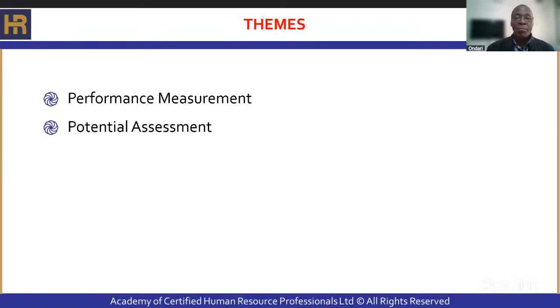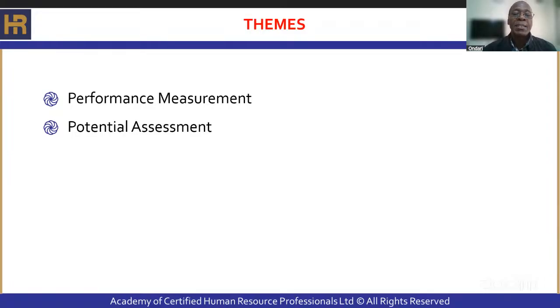In performance measurement, we are looking at some of the methods and metrics of evaluating employee performance. And there are two ways of measuring performance. One is quantitative measurements, and two, qualitative. For quantitative measurement, we are looking at statistical measures of employee performance.